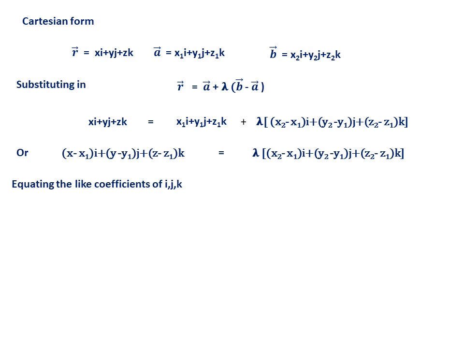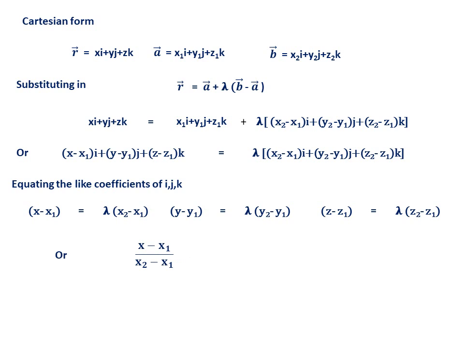So equating the like coefficients of i, j, k as before, we get x minus x1 will be equal to lambda times (x2 minus x1). Similarly, y minus y1 will be equal to lambda times (y2 minus y1), and z minus z1 will be equal to lambda times (z2 minus z1).